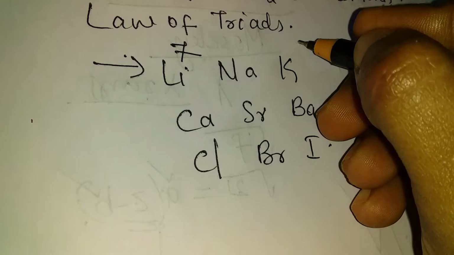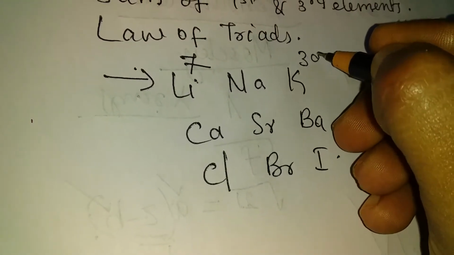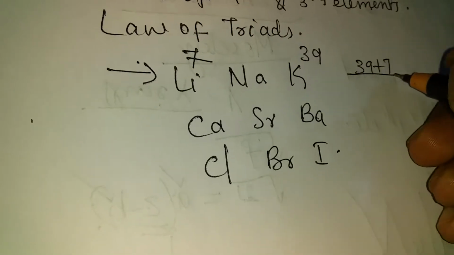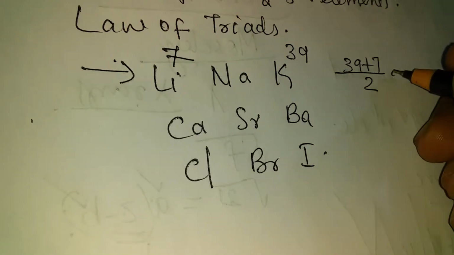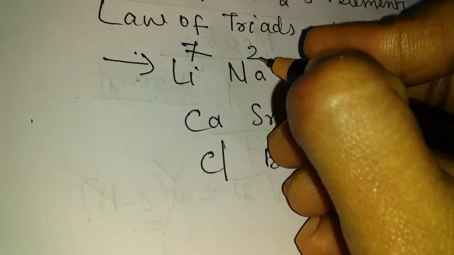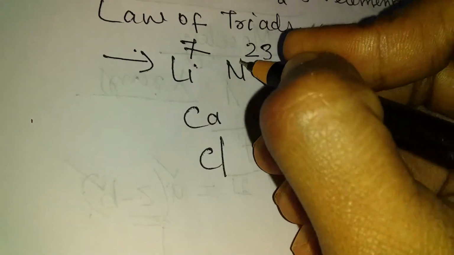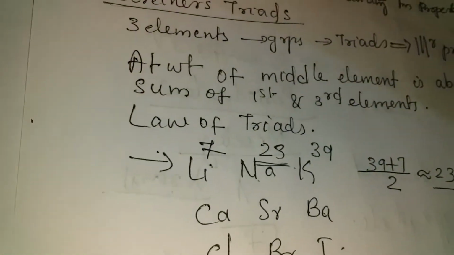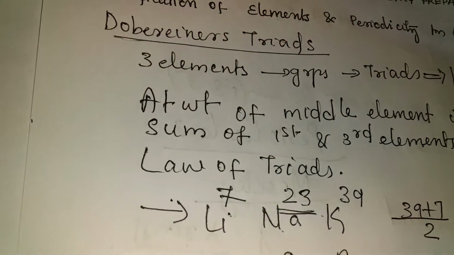We have atomic weight of 7 for lithium and 39 for potassium. So what we have to do? 39 plus 7 divided by 2 will be almost equal to 23, which is the atomic weight of the middle element, that is sodium. So that's all about Dobereiner's triads.